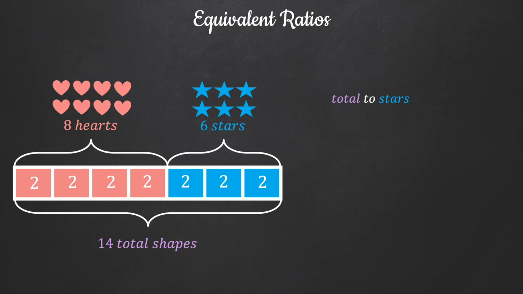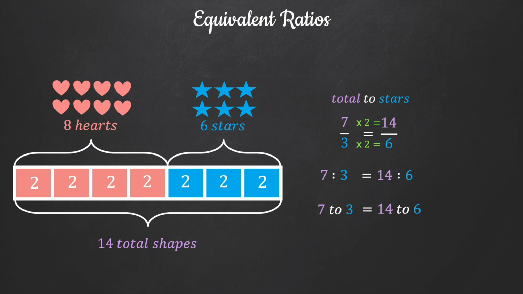And then our original ratio of total to stars was 7/3 because we had 7 total shapes and 3 stars. But because we doubled it, now we have 14 total shapes and 6 stars. And again, we could rewrite the other forms of writing the ratios as well to represent that these are equivalent.